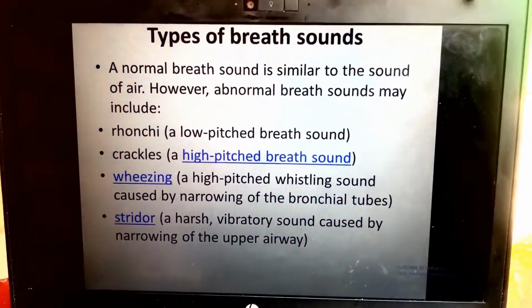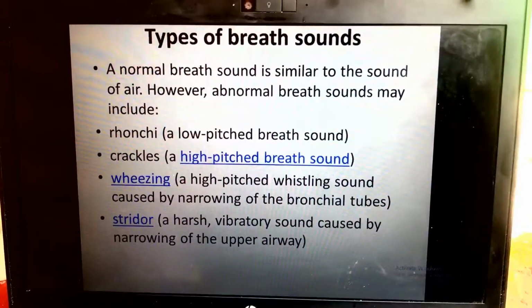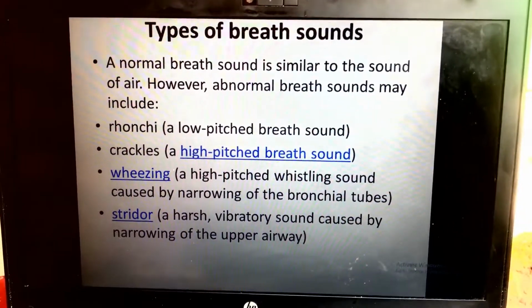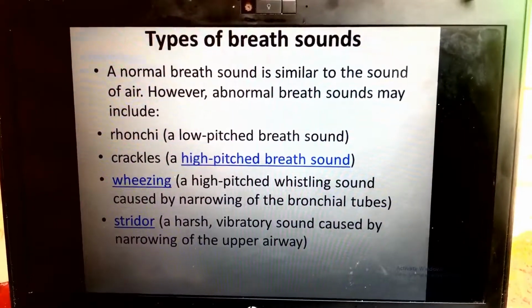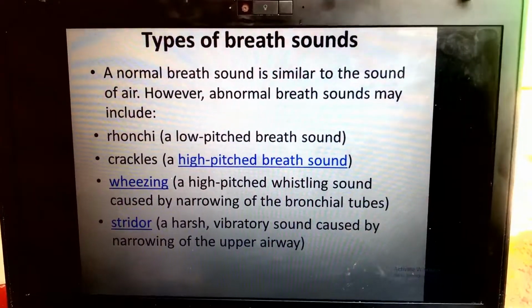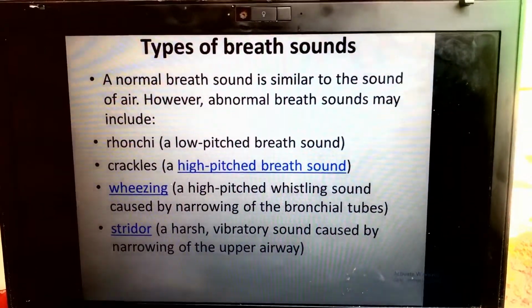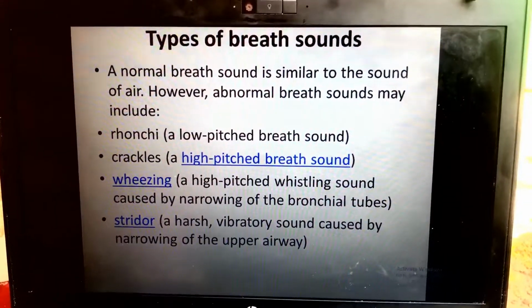Now, we will see it in a client with advanced sinusitis. With sinusitis, when there is any obstruction of the upper airways, we will hear the stridor. While you auscultate, you can understand this. What is the difference between wheezing and stridor?